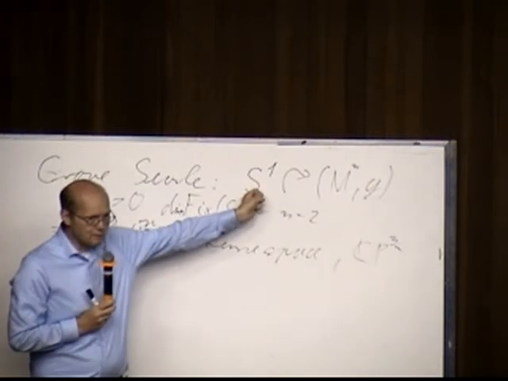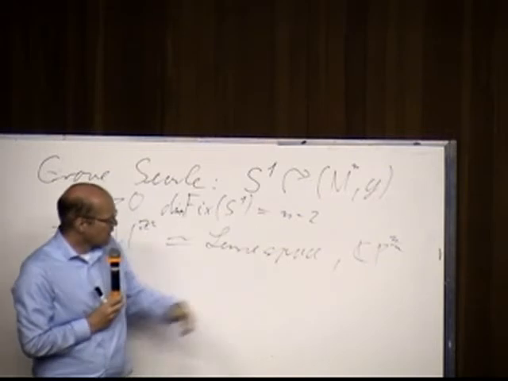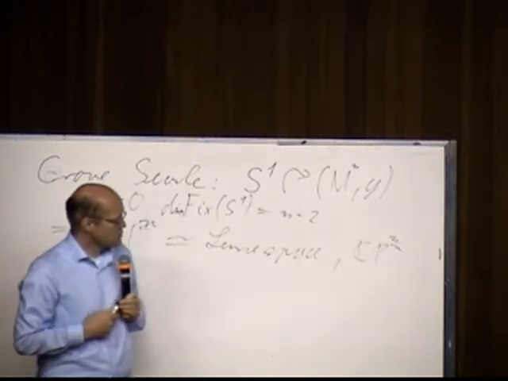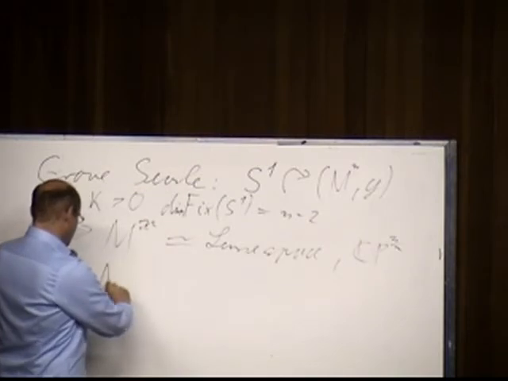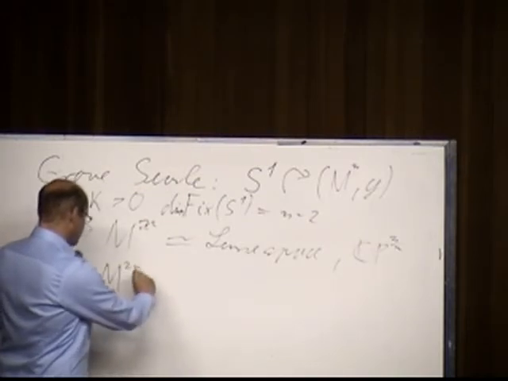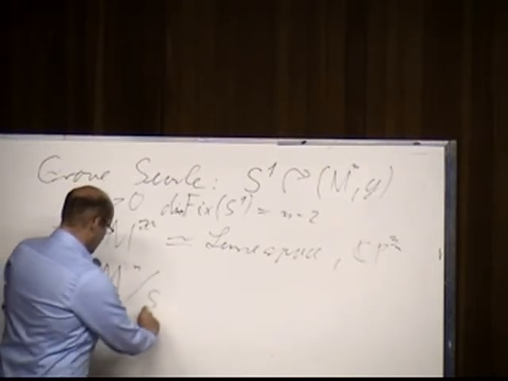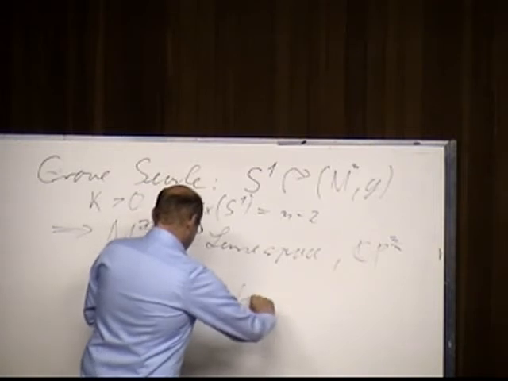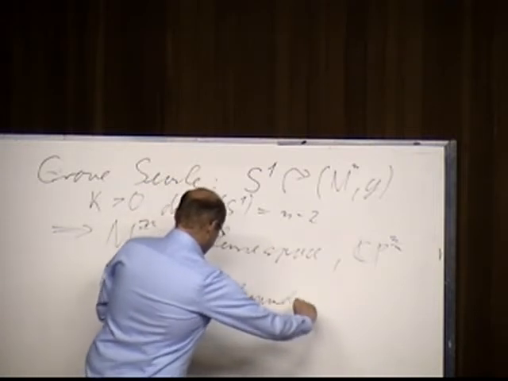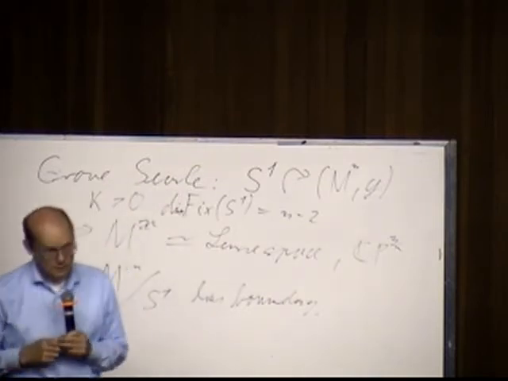It's a very, very strong assumption to assume that the fixed point set has dimension n minus 2, because what you can use then is that the key technique here is to use that the quotient space has boundary. And so once the quotient space has boundary, you can use the Soul theorem.